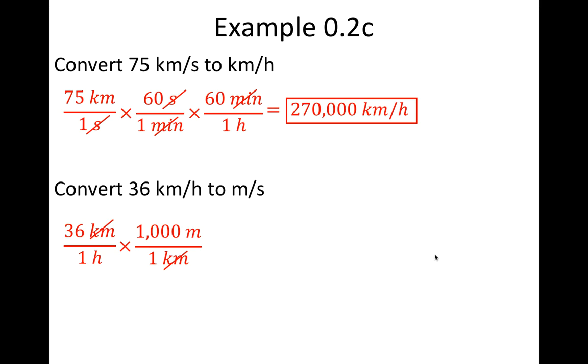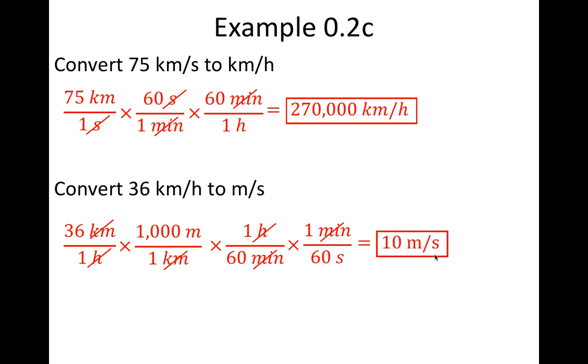Next, I'll eliminate hours from the denominator by multiplying by 1 hour over 60 minutes. Finally, I'll multiply by 1 minute over 60 seconds to eliminate minutes from the denominator. I multiply across by all the numbers in the numerator, and then divide by any numbers in the denominator, and this gives me my final answer of 10 meters per second.